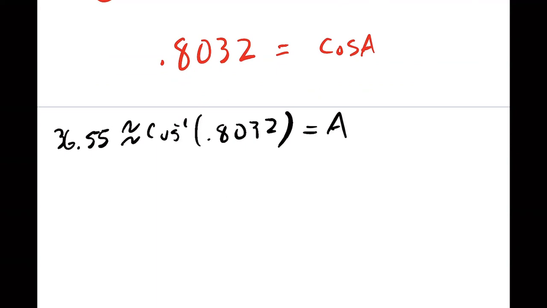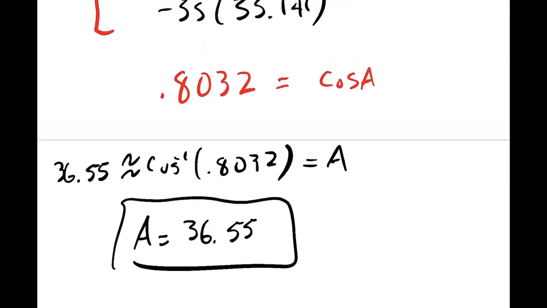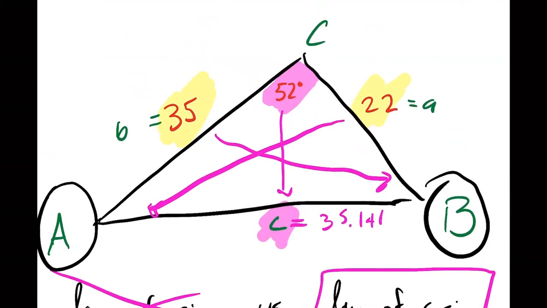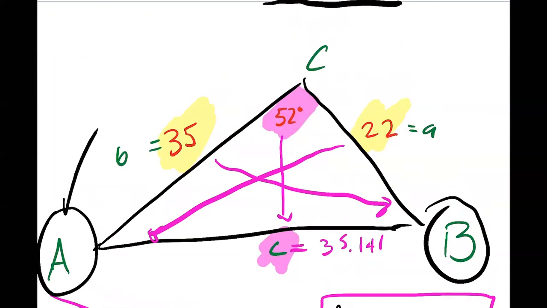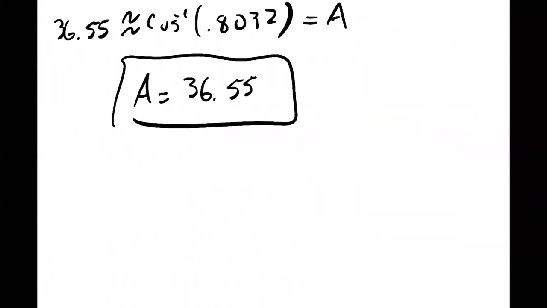Okay, so we have A is going to be 36.55. So the last thing that we need to do is, let me go back up here. We have our A, the only thing left is this B here. And again, B is going to be equal to 180 degrees minus the sum of the other two angles.